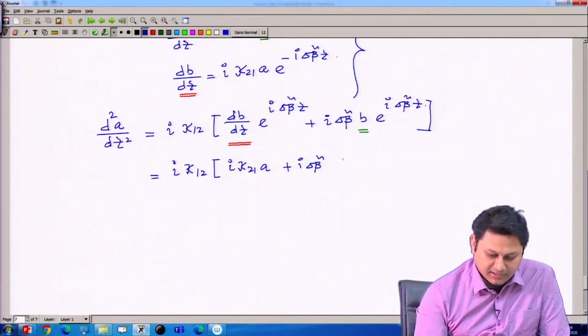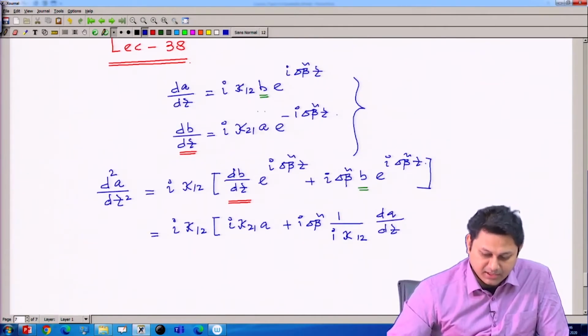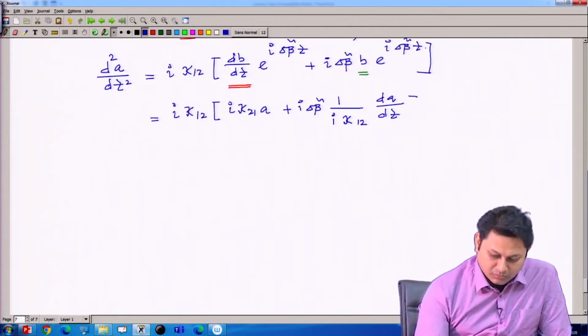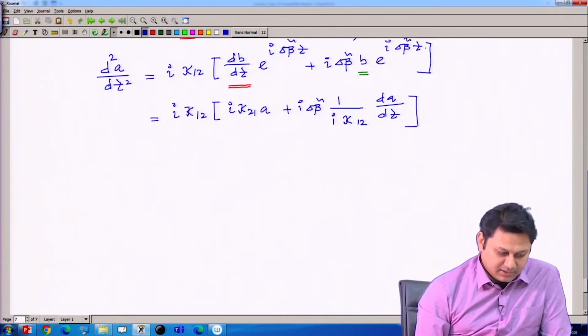I am going to replace b as 1 divided by i kappa 1 2 times dA dz, because I just replaced my b from here. So it should be dA dz divided by 1 by kappa 1 2, and then delta beta with a negative sign. So this again is going to cancel out with this one.